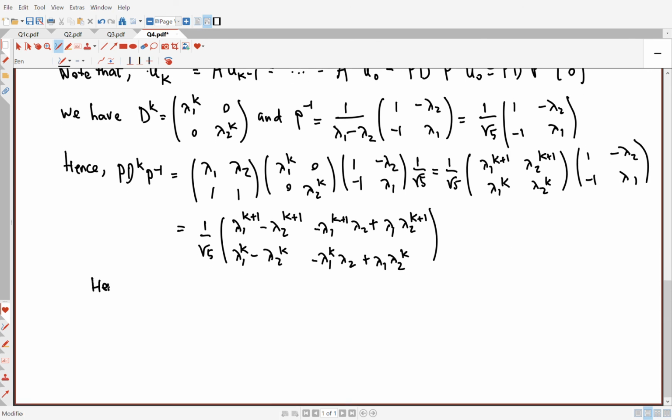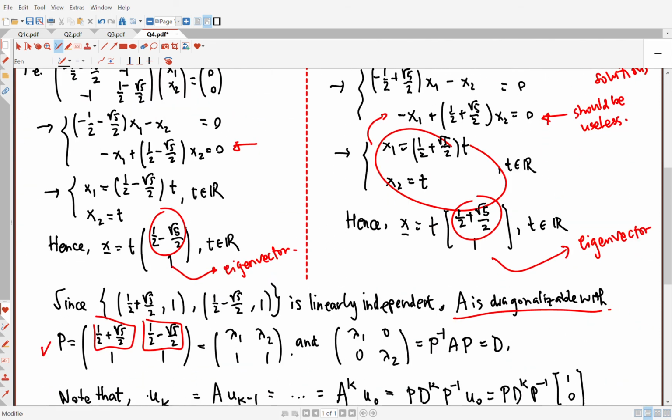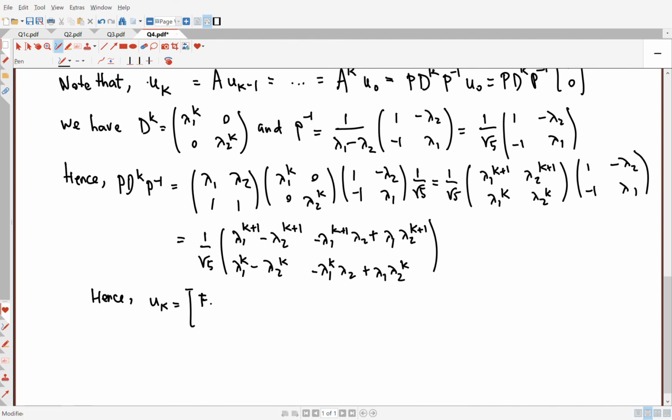Hence, my u_k, which is, what is my u_k? (f_(k+1), f_k) is this: P D^k P inverse multiplied with (1, 0).